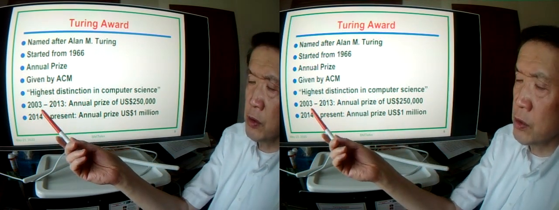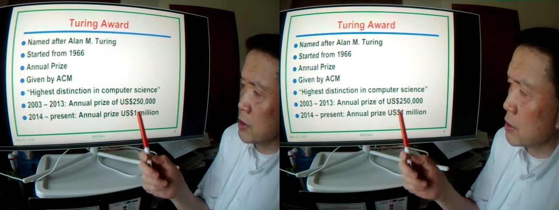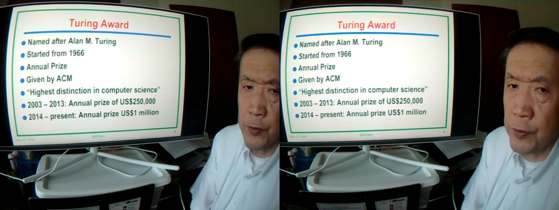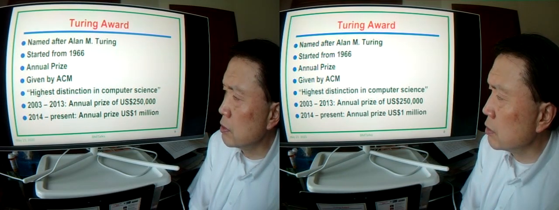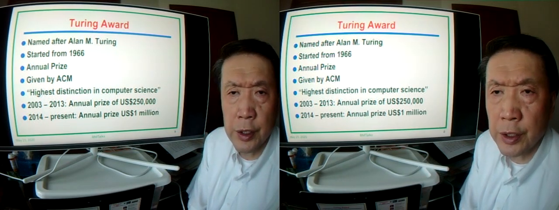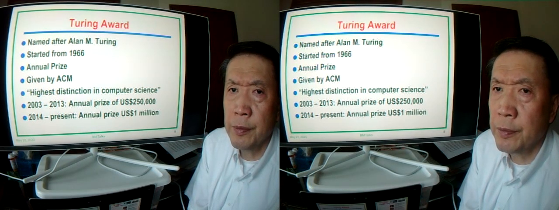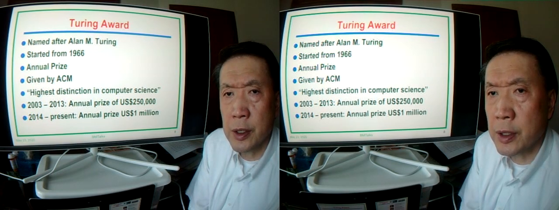From 2003 to 2013, the annual prize amounted to $250,000 US. And from 2014 up to now, the annual prize amounts to $1 million US. In terms of the amount of award money, it's comparable with the Nobel Prize.